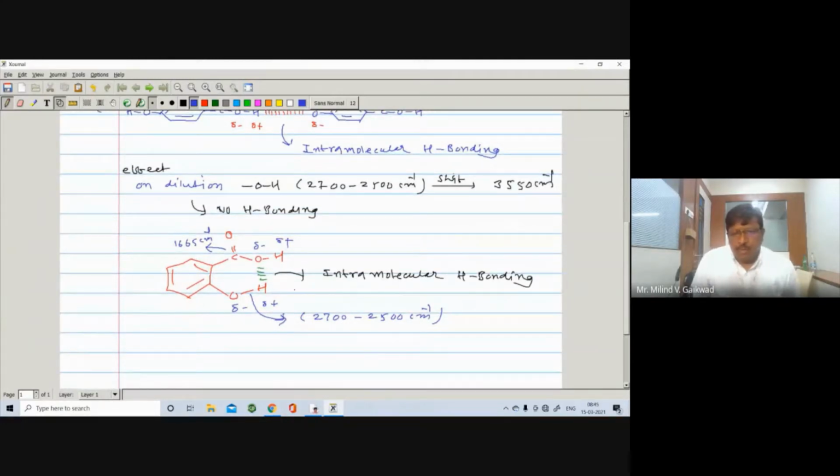In the presence of intramolecular hydrogen bonding, CO will appear at 1665 and the OH will appear at 2700 to 2500 due to the hydrogen bonding. But suppose on dilution, what happens? On dilution means if you add more and more solvent.